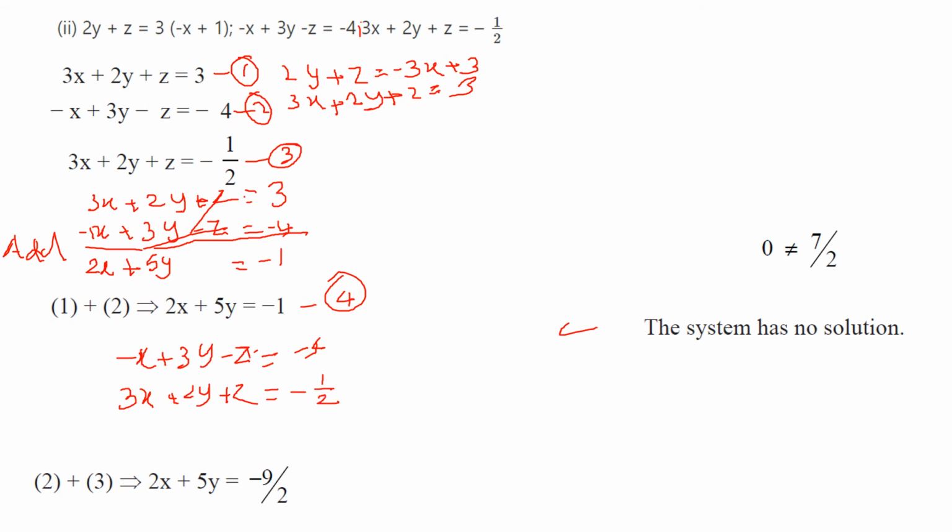Add. x coefficient, 3x minus 1x, 2x; 3y plus 2y, 5y. Here also minus z plus z, unlike sign.